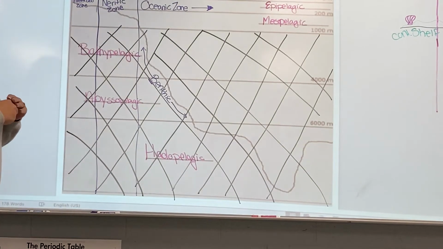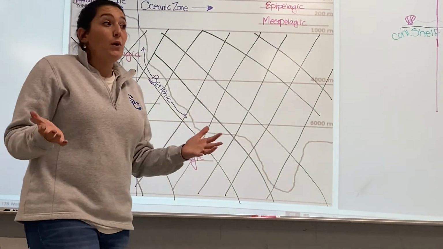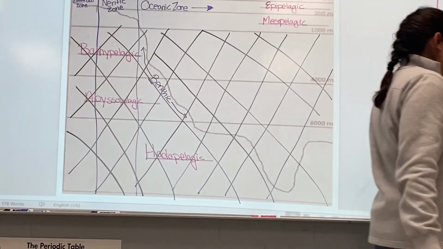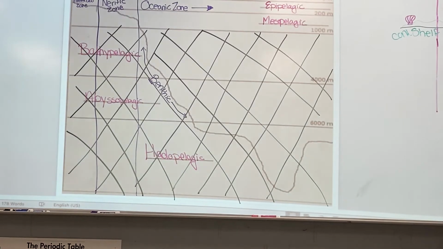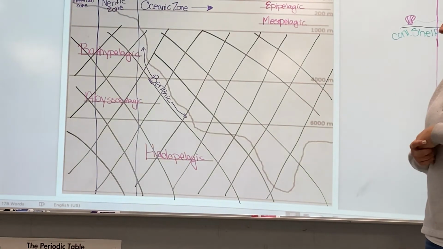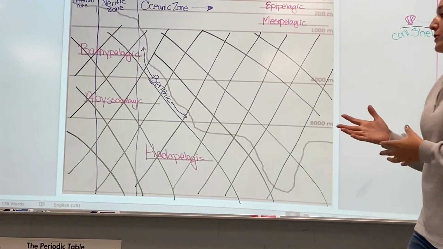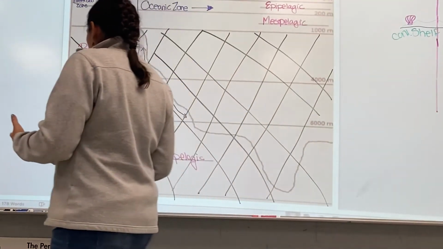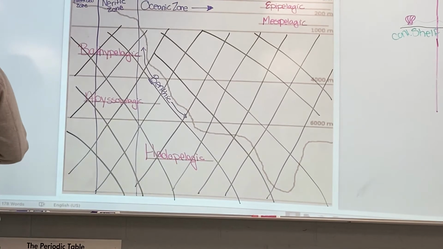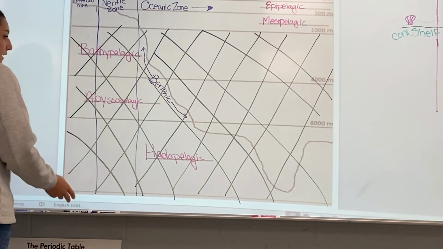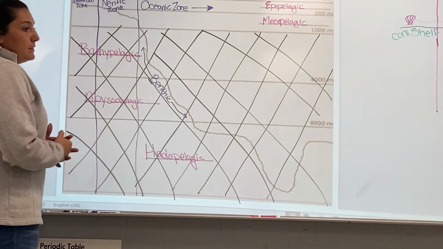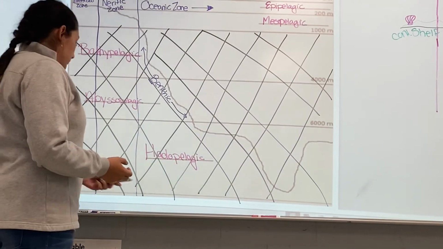Your mesopelagic zone is your twilight zone. Your twilight zone looks like twilight. So it's dark blue still, but it doesn't get enough light for photosynthesis to occur. So it's not going to be the brightest. I would color this one with a dark blue marker if I had it, but I just have a blue Crayola.